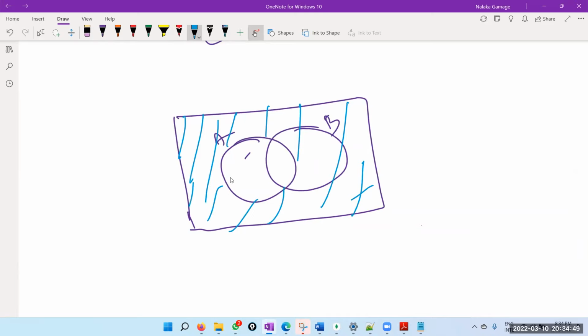And then B bar, not belonging to B. Right. What we need is A bar or B bar. So that means yes, correct.